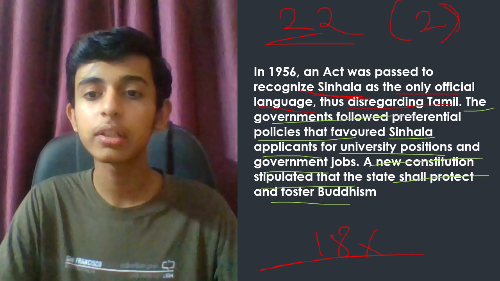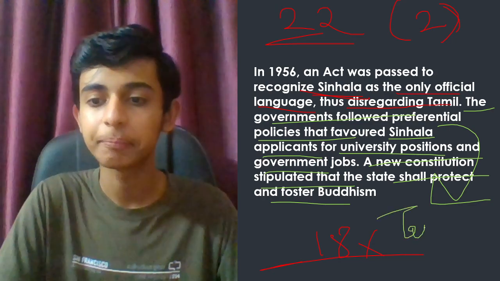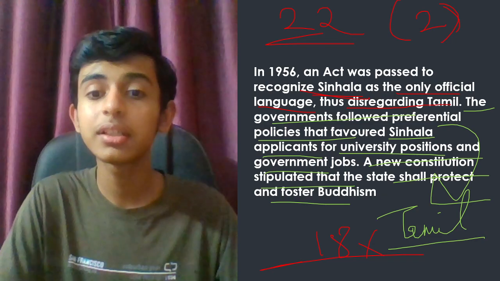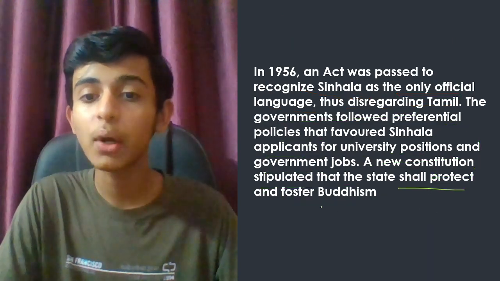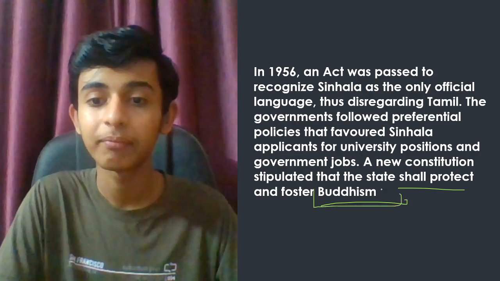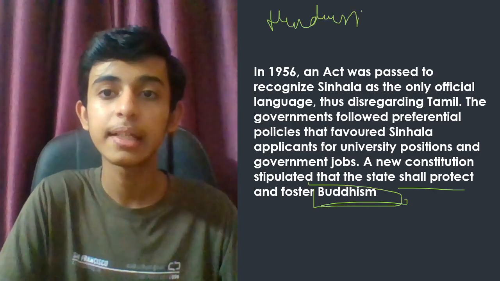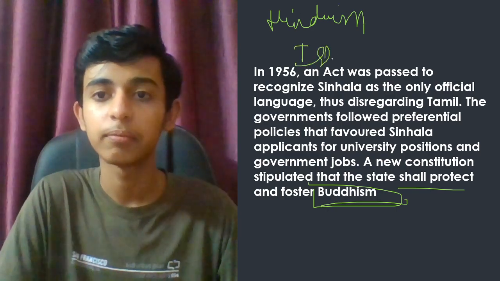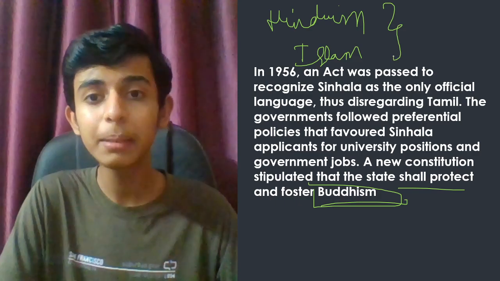So in government jobs also, Sinhala people will be favored over Tamil people. And even the new constitution stated that it is going to protect and foster Buddhism, but they did not mention Hinduism and Islam. Can you imagine how the Tamil people would feel?